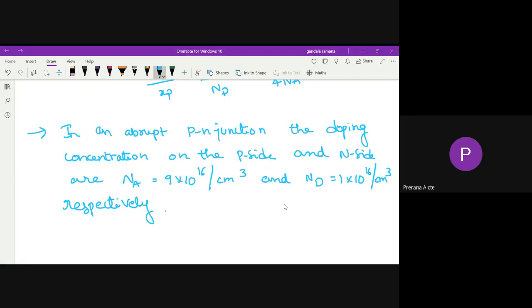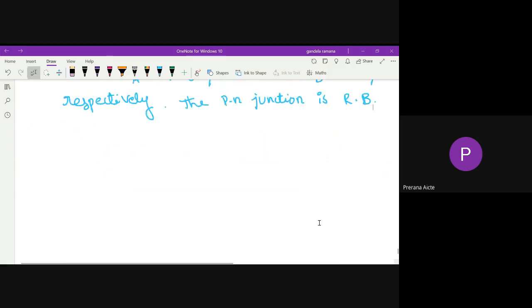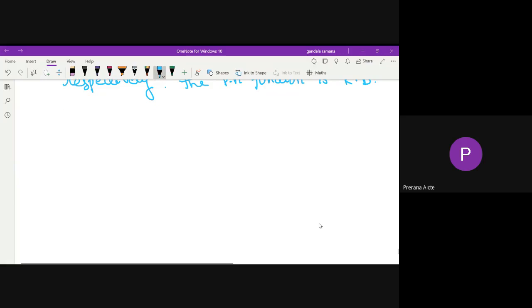The PN junction is reverse biased. The total depletion width is 3 micrometers.